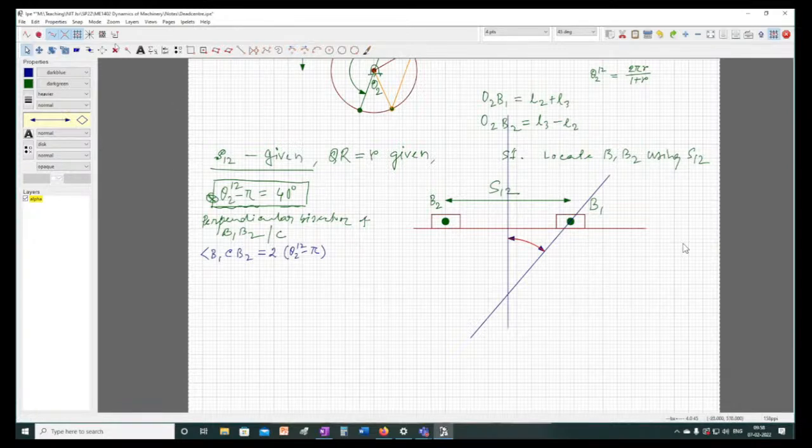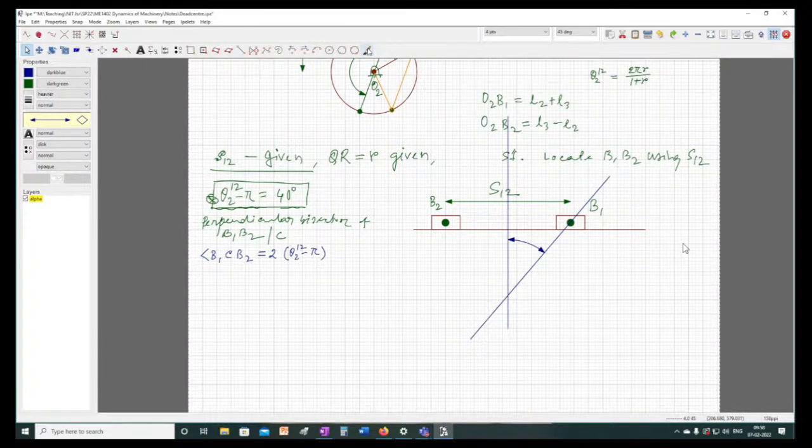Now tell me, what is this angle? 40 degrees. Yes, 40 degrees, but we will write it as theta 2 minus theta 1 minus pi. Here we have chosen 40 degrees, but it is theta 2 minus theta 1 minus pi.